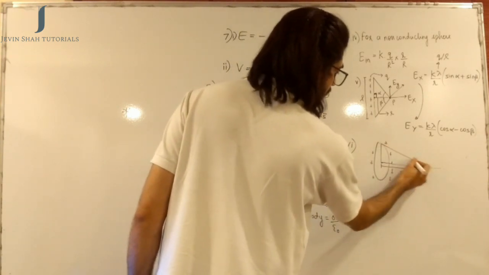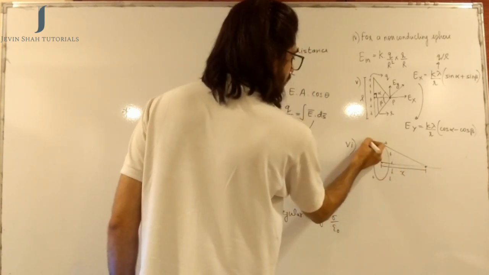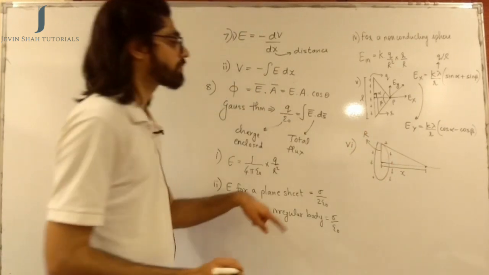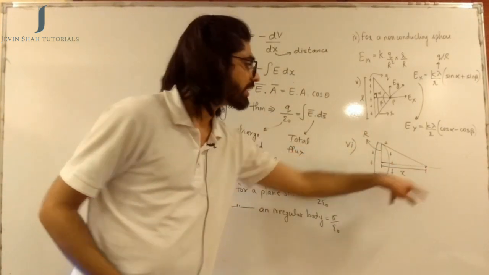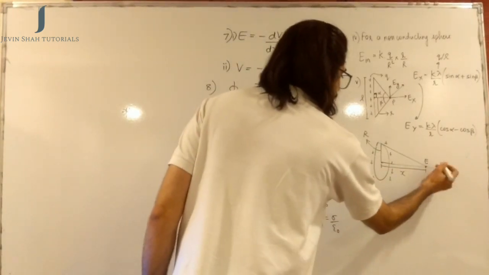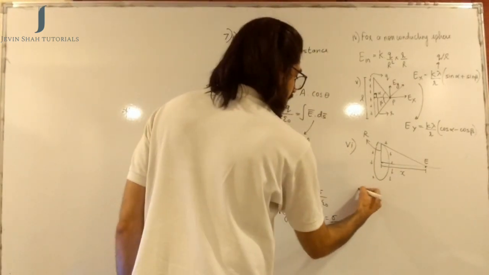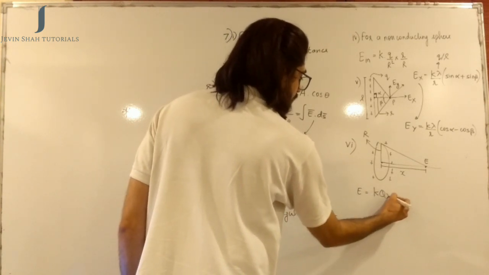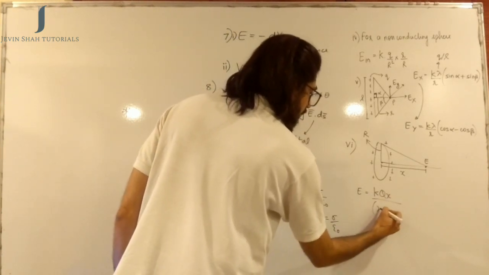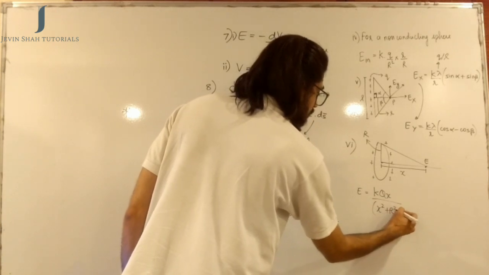Just complete the triangle here. The vertical length out here is the radius of the ring. And finally, I want to find the electric field intensity at this point. The electric field intensity at this point, E, will be given by kqx upon (x square plus r square) power 3 by 2.